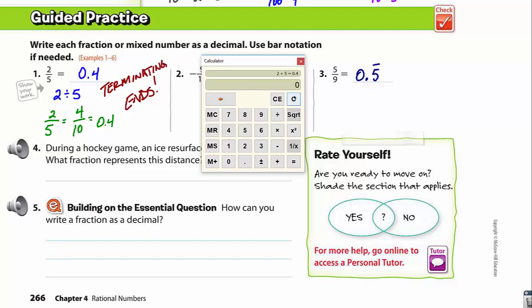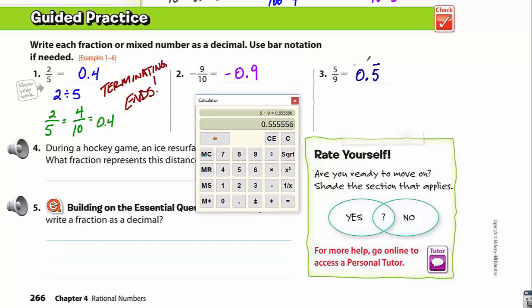Now, you might find that when we actually do this division, you see that 6 right there? But that 6 is only because they rounded. If it said to round to the nearest tenth or hundredth or thousandth, you'd end up with that 6. But when it just says write it as a decimal, it goes on forever. That bar notation right there tells you it goes on forever.